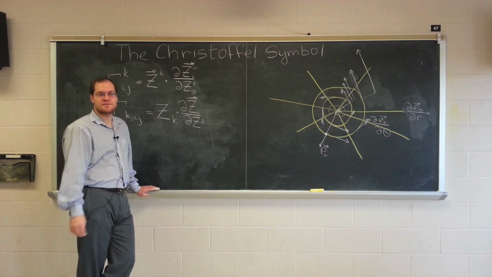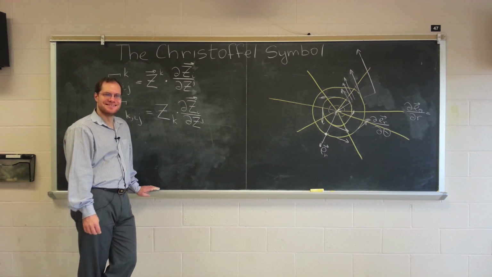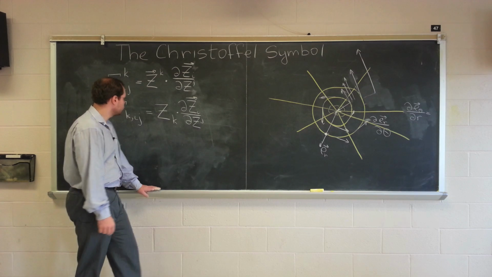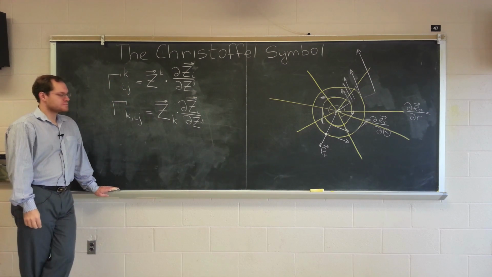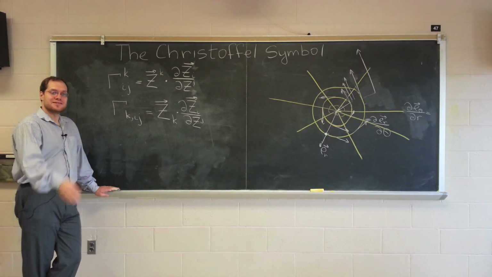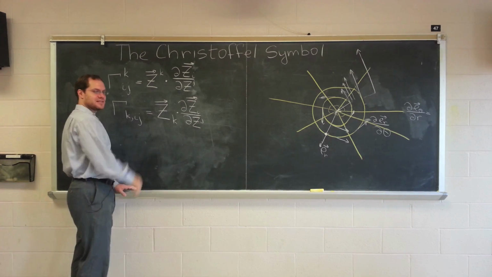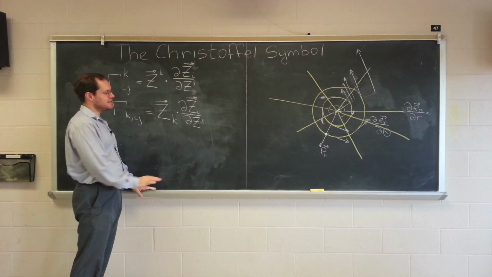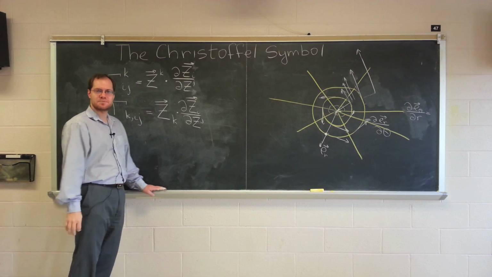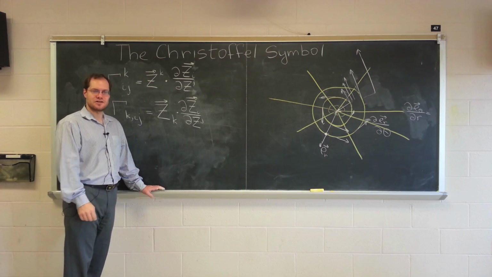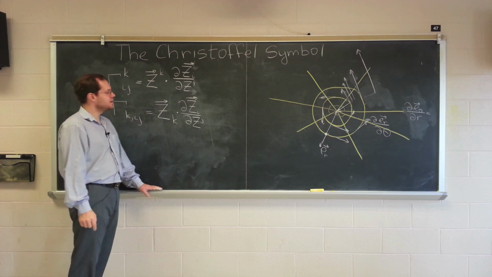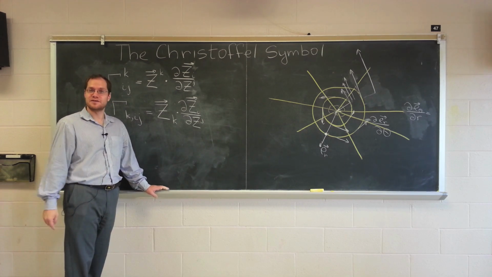It'll be different, more or less, different 27 numbers. Yes? Is that dk a vector? Yes. Thank you. So how would those 27 numbers be related to these 27 numbers? It's a fantastic question, but I think we've spent enough time with the Christoffel symbol, and I'm eager to start using it. So let's pause here and talk about the covariant derivative.